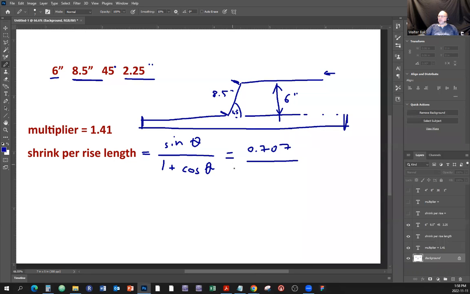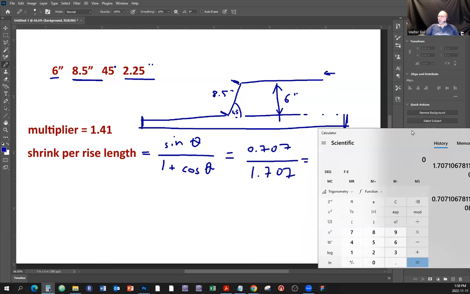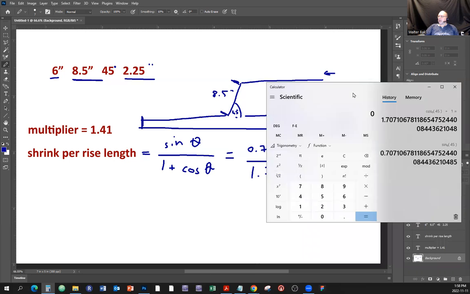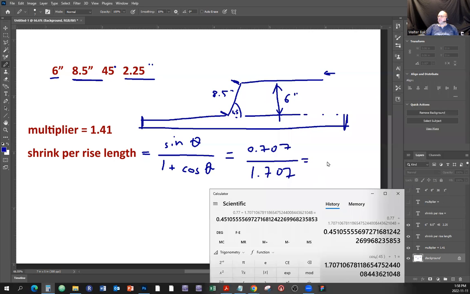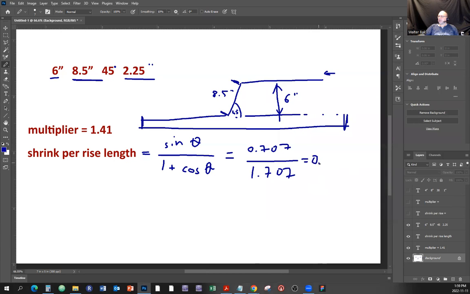Okay, so 0.707 divided by the memory recall here equals, what do we have? 0.45.